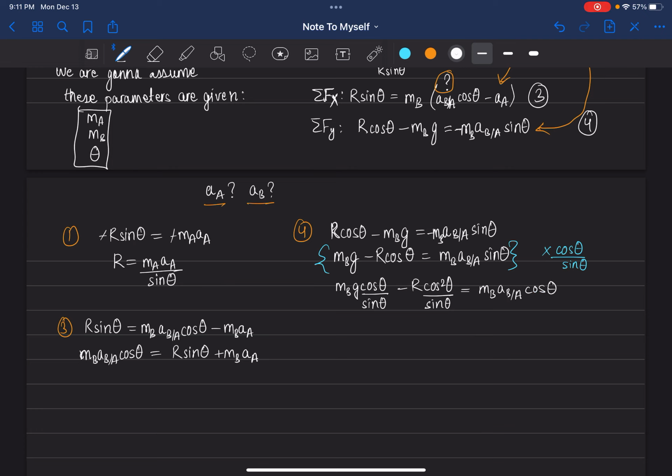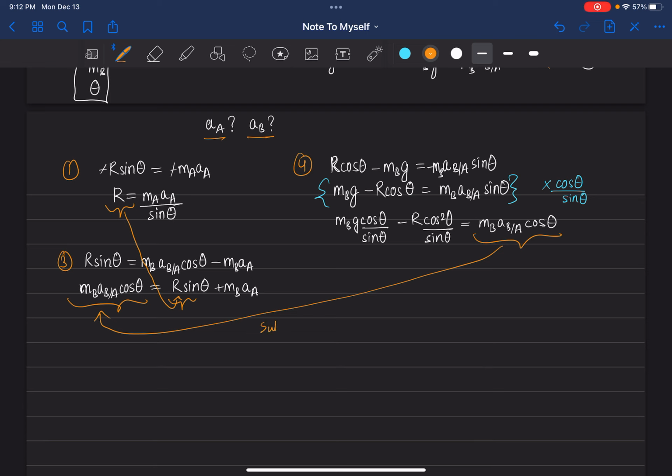Now, the whole trick behind this is that this is the same as this. R is R, right? So what I'm doing is I'm basically substituting, and substituting.